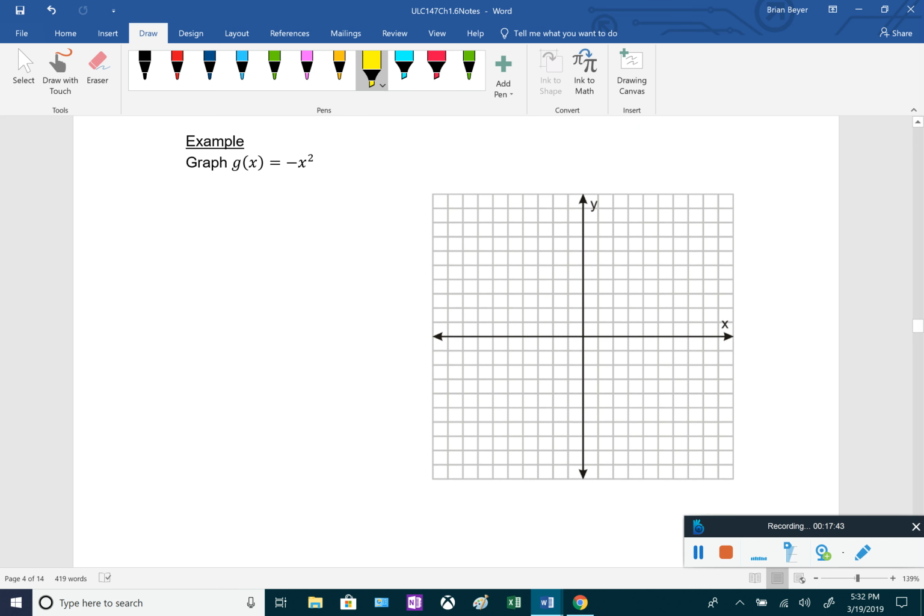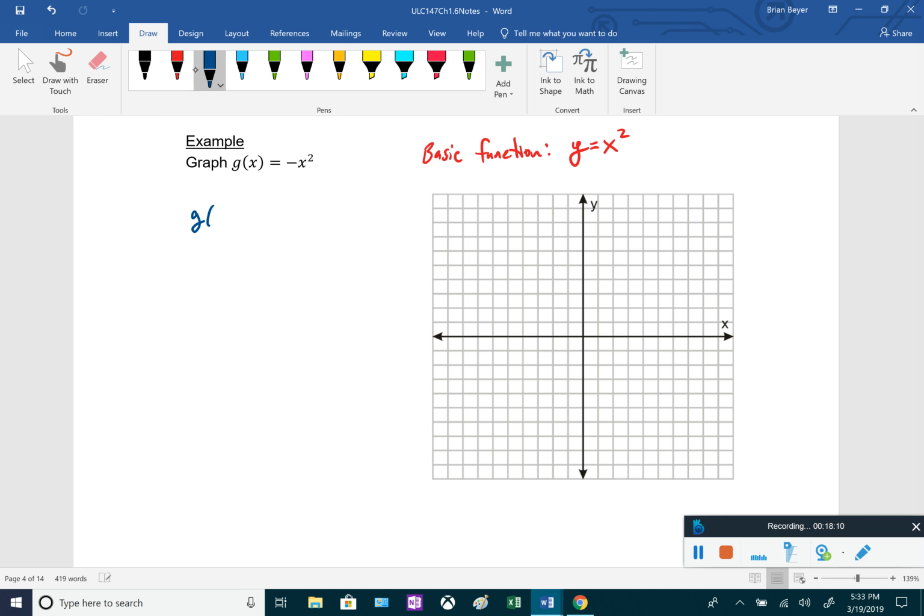So let's do this example. g of x is negative x squared. Once again, let's identify the basic function. Let's get into the habit of doing that and writing it down. This is a squaring function. There's a squared here, so the basic function is just going to be y equals x squared. I'll graph that in a second. Let's see what kind of transformation is being done to g of x here.